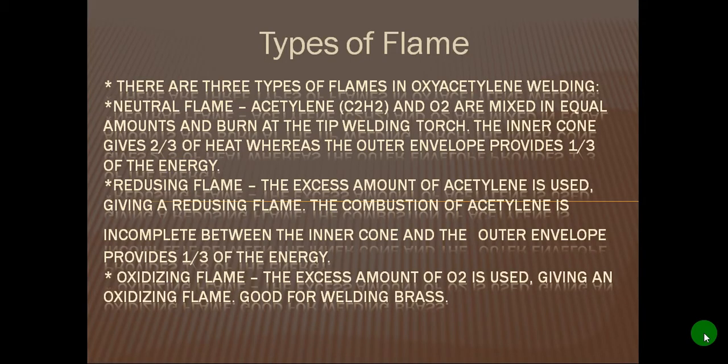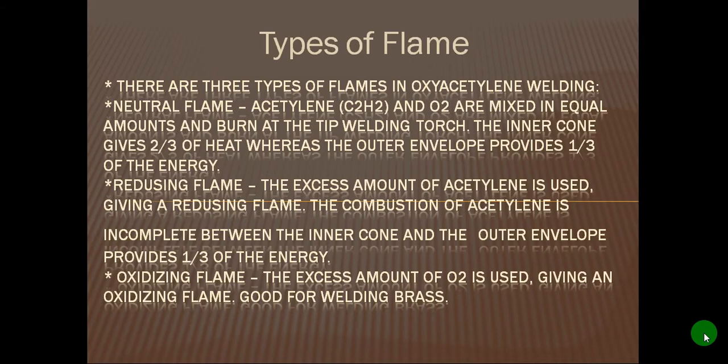Types of flame. There are three types of flames in oxyacetylene welding. Neutral flame: acetylene and oxygen are mixed in equal amounts and burned at the tip of the welding torch. The inner cone gives 2/3 of heat, whereas the outer envelope provides 1/3 of the energy. Reducing flame: the excess amount of acetylene is used, giving a reducing flame.